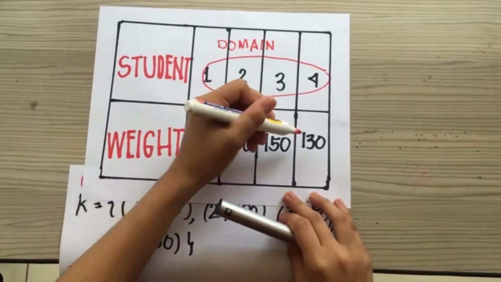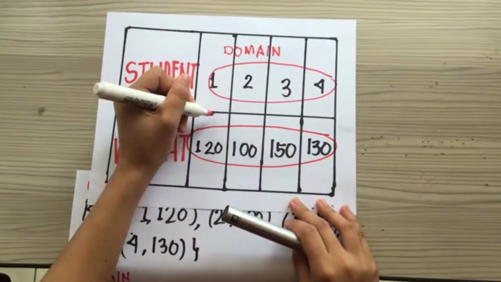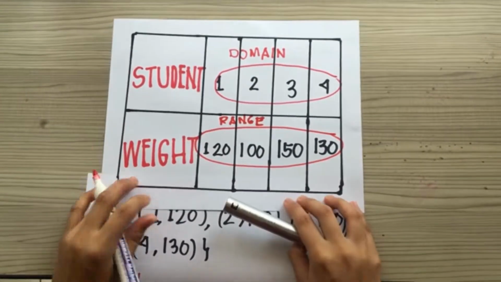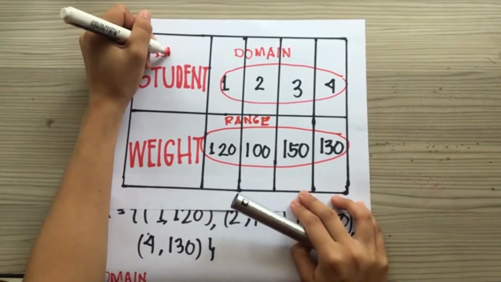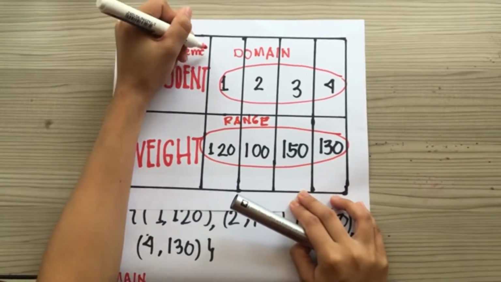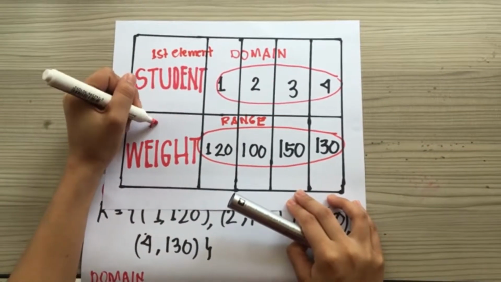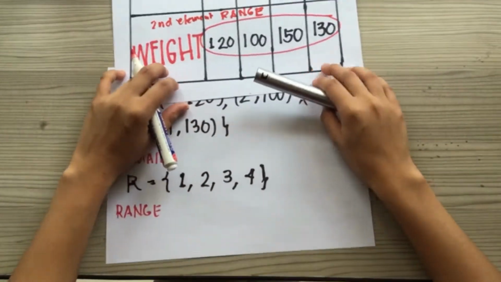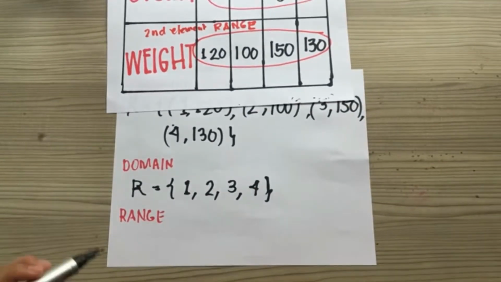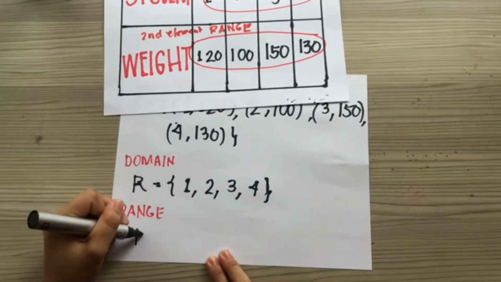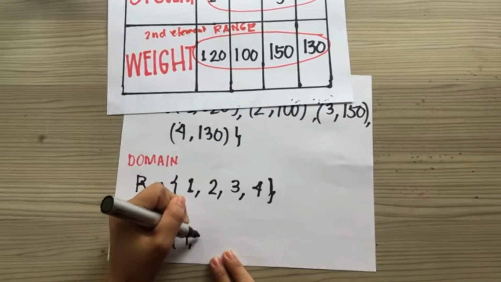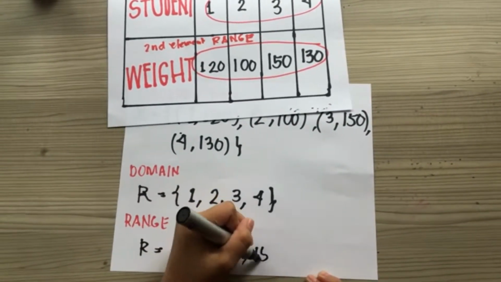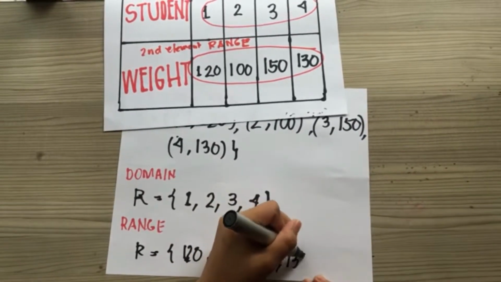The set of second elements is called the range of the relation. The range of this relation would be 120, 100, 150, and 130.